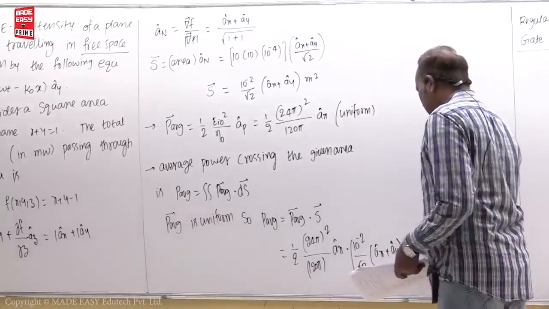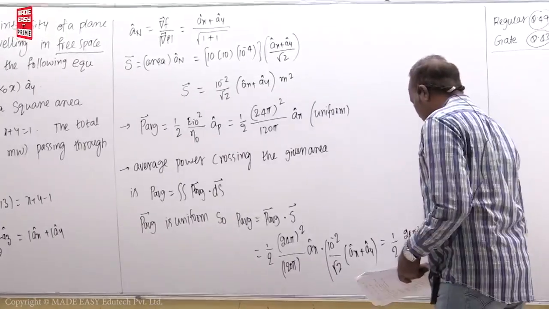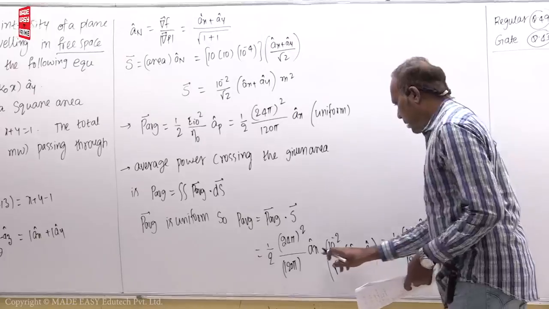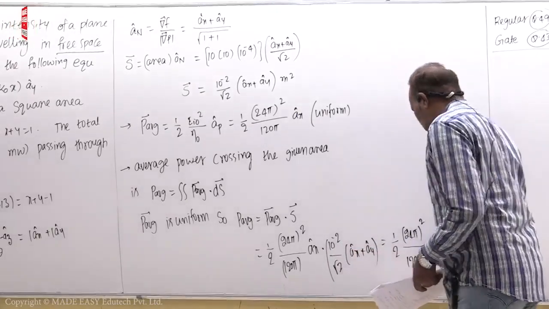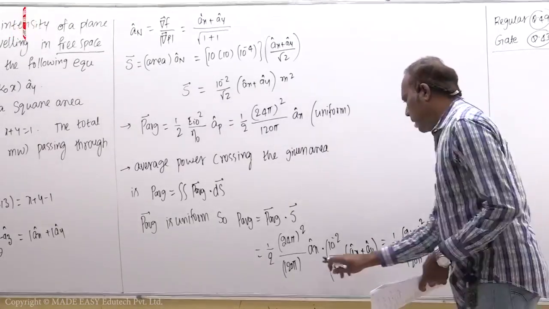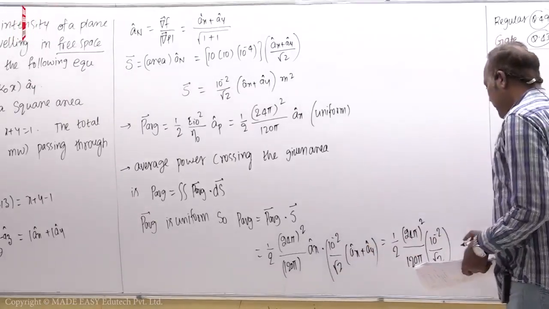So dear students, here half 24 pi whole square by 120 pi, then here x coefficient is 10 power minus 2 by root 2. Then ax dot ax is 1. Then this term will become 0. So this is the answer.